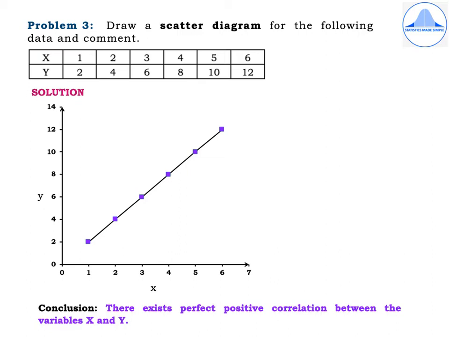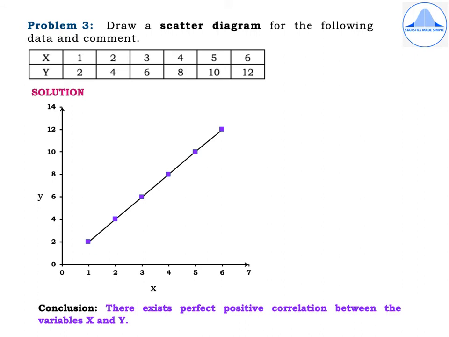So on the x-axis you have the values as 0, 1, 2, 3, 4, 5, 6, 7, and on the y-axis I have the scale as 0, 2, 4, 6, 8, 10, 12 and 14. Now starting with the first pair of observations, that is 1 and 2, mark the point on the sheet of paper.